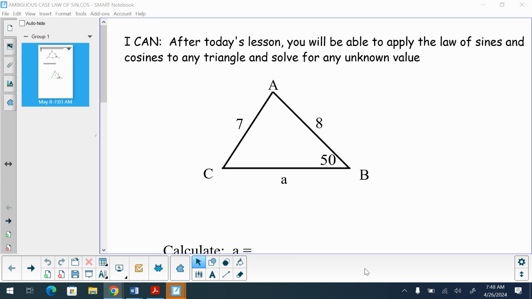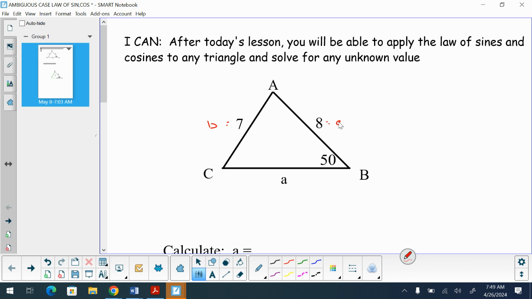If we are given a triangle ABC, we have angle B is 50 degrees, we have little b is 7, and we have little c is 8. And we want to calculate little a.